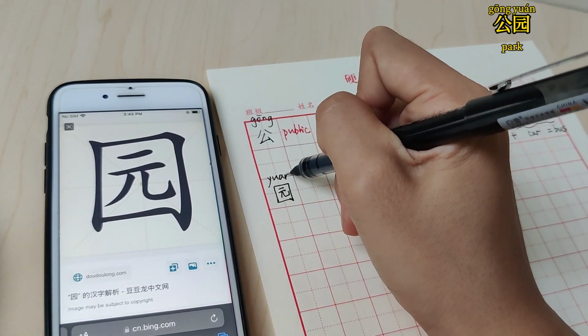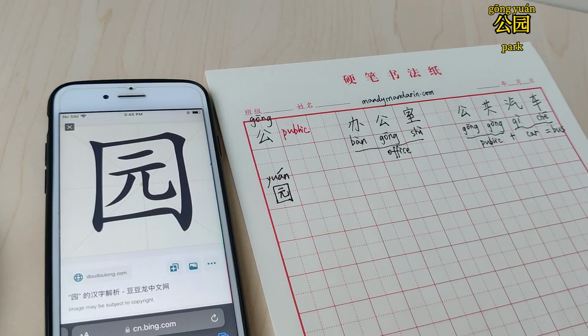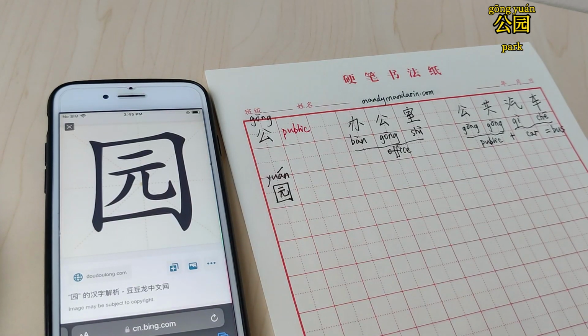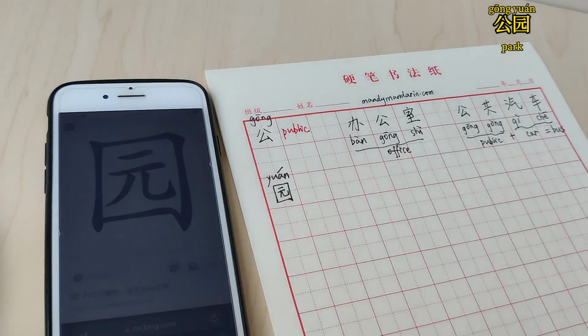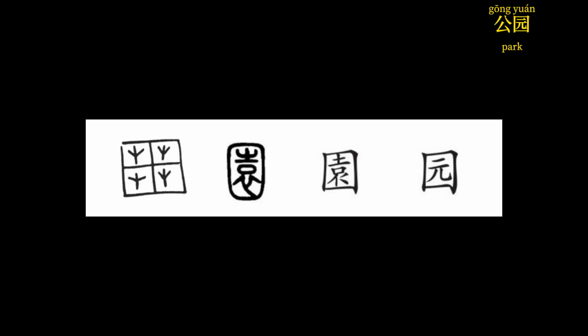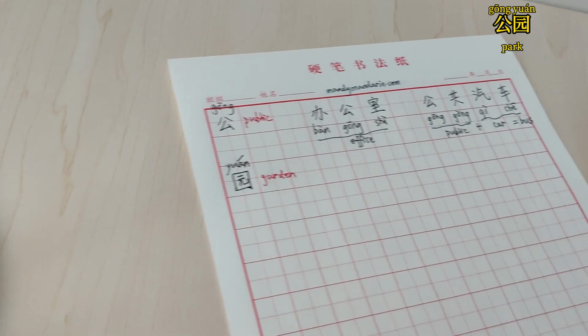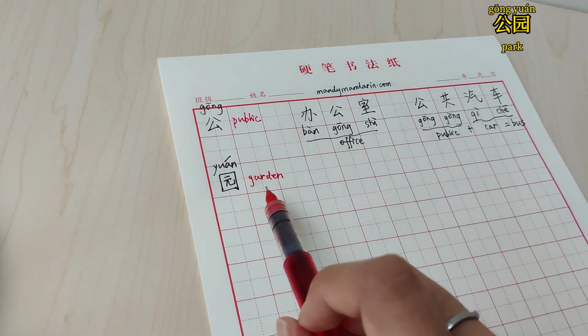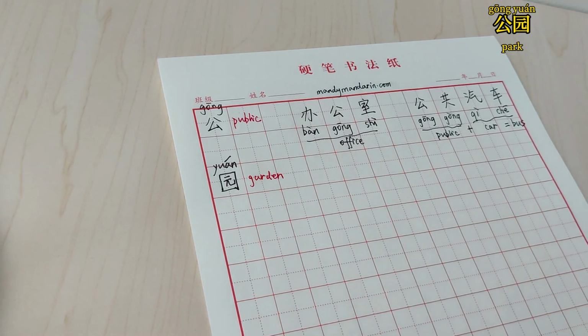Okay, this is 园. Here's the evolution of the 园. Originally, it refers to the place to grow vegetables and plants. So a garden. And nowadays, it refers to any leisure garden, not just the garden for plants. So 园, nowadays, means garden in general.